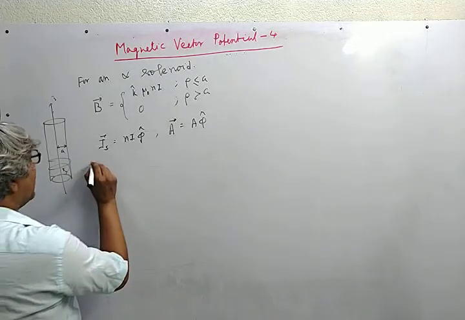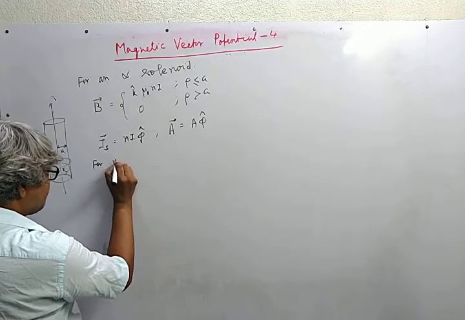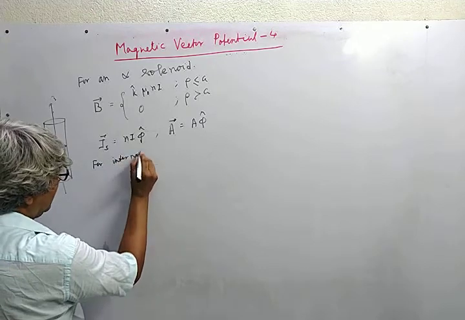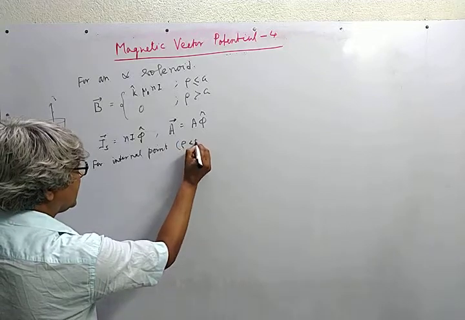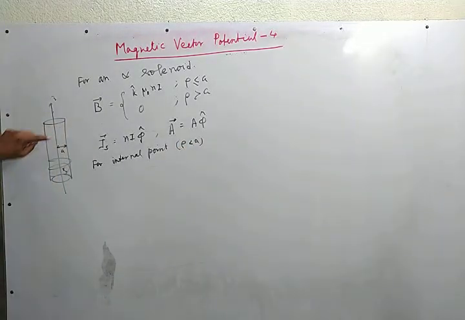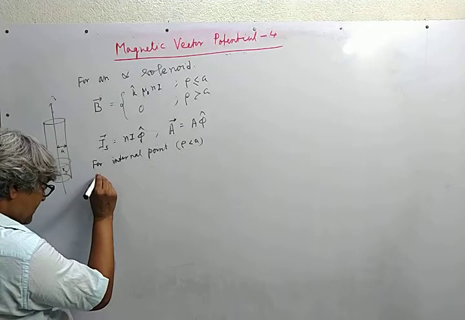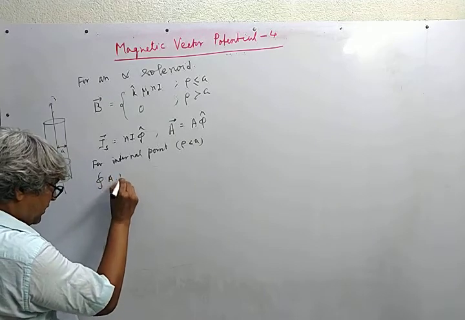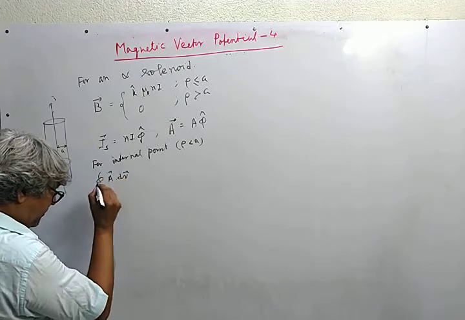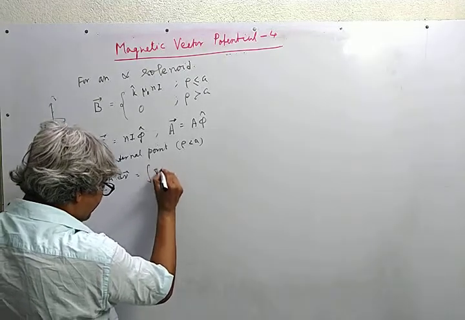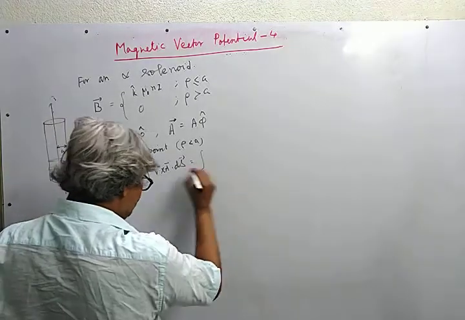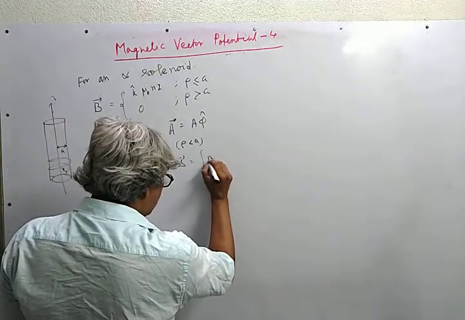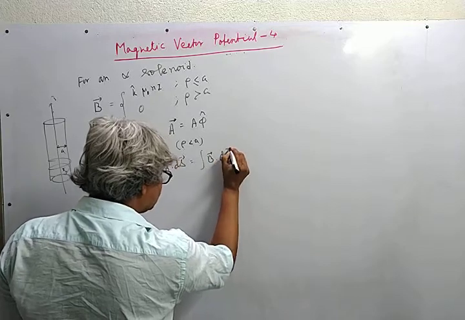So for an internal point, rho less than a, that is within the solenoid, we write the closed path integral of A dot dr equal to the integral of curl A dot ds, which equals the integral of B dot ds.